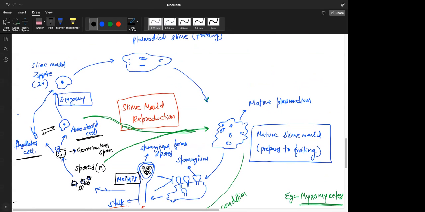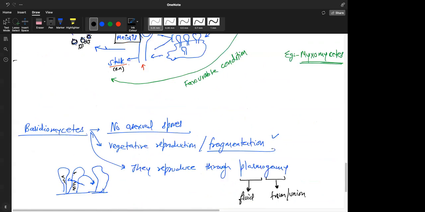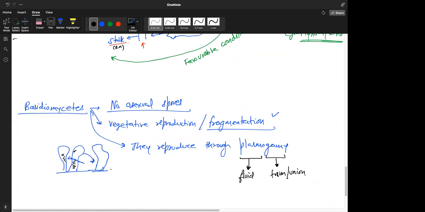So syngamy is where two cells fuse together. Here also the word gamy is there, right? In this case, what they do is they fuse the fluid present in two different cells or two different mycelium.